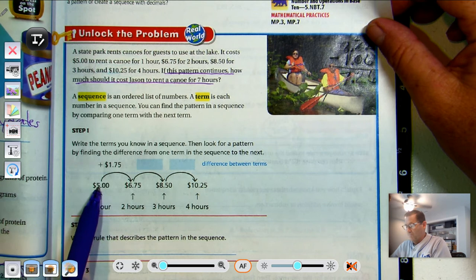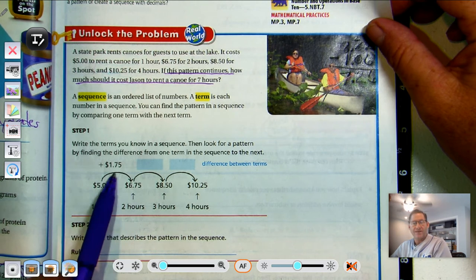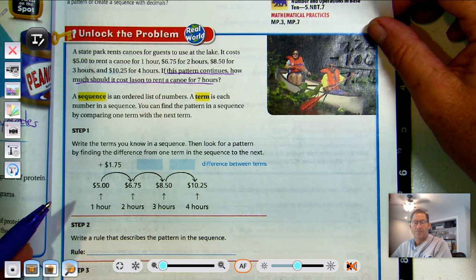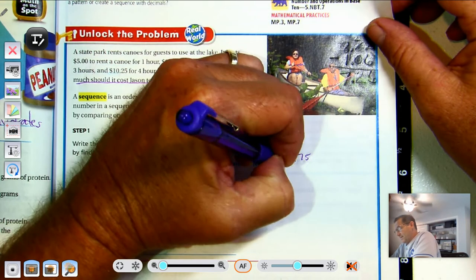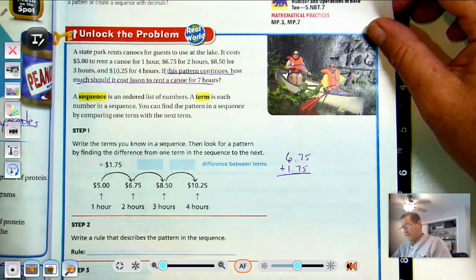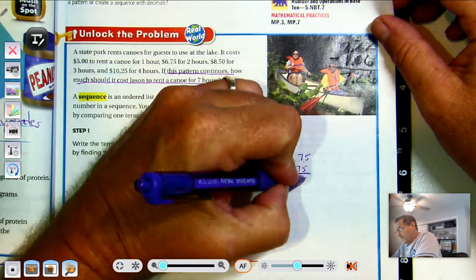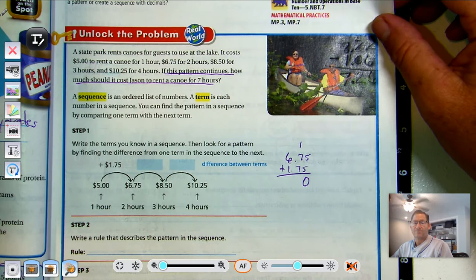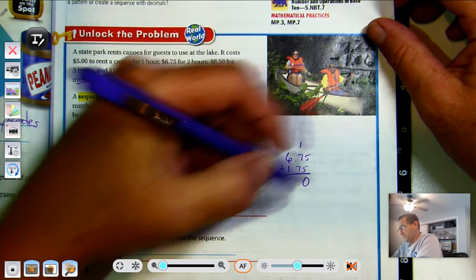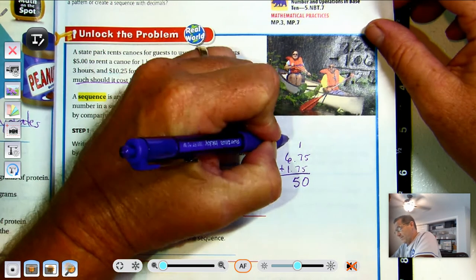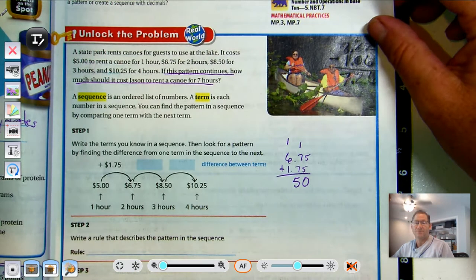So to go from $5 to $6.75, that was an increase of $1.75. So is $6.75 plus $1.75 $8.50? Well, 5 and 5 is 10. We'll regroup that as 1 tenth and 0 hundredths. 7 tenths and 7 tenths is 14 tenths, plus the regrouped tenth is 15 tenths.